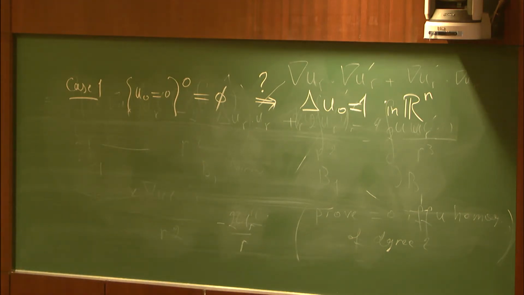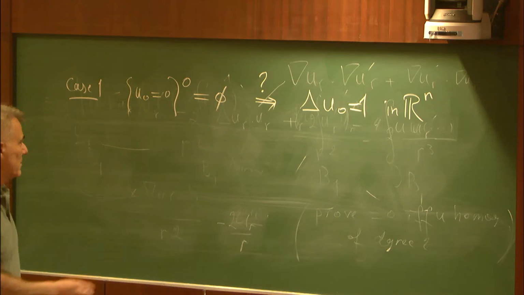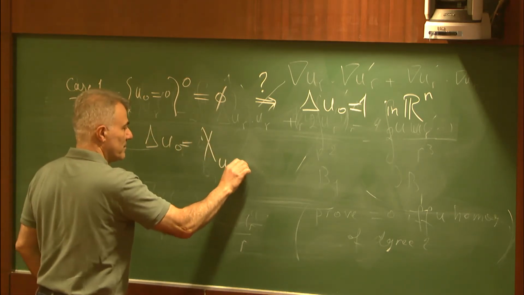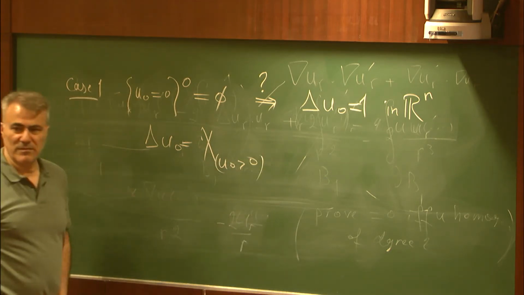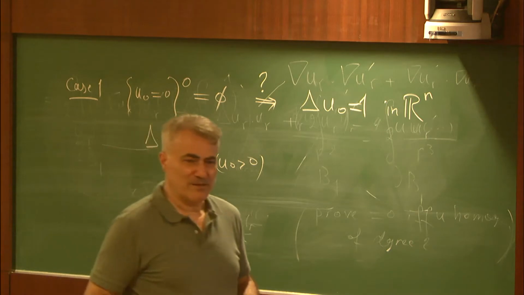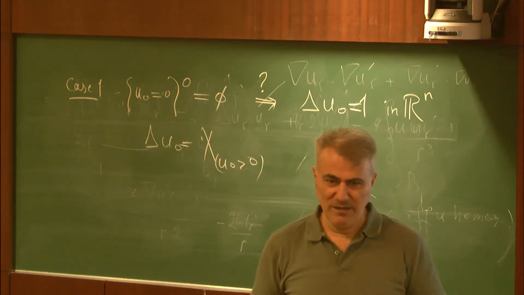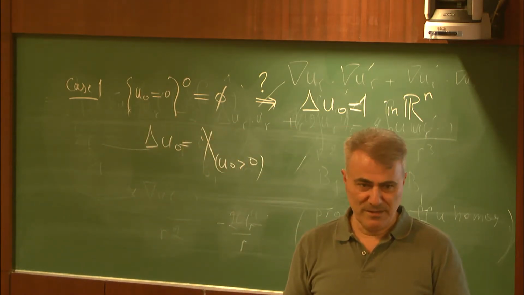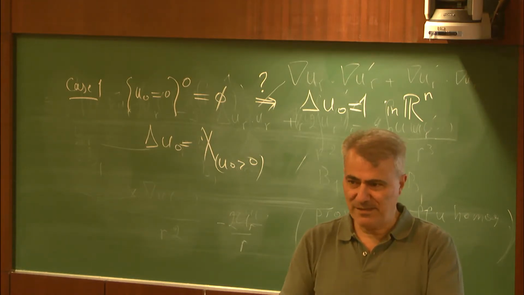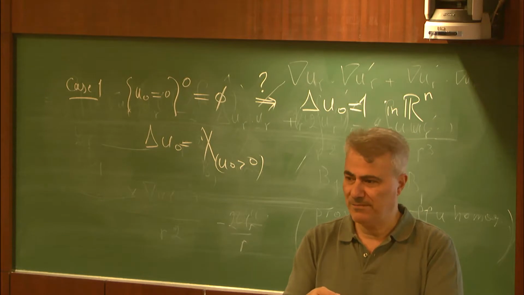I know Laplacian of U0 is the characteristic function of U0 being positive. So it means Laplacian of U0 is going to be 1 everywhere, but on the set where U0 is 0. That set doesn't have interior.